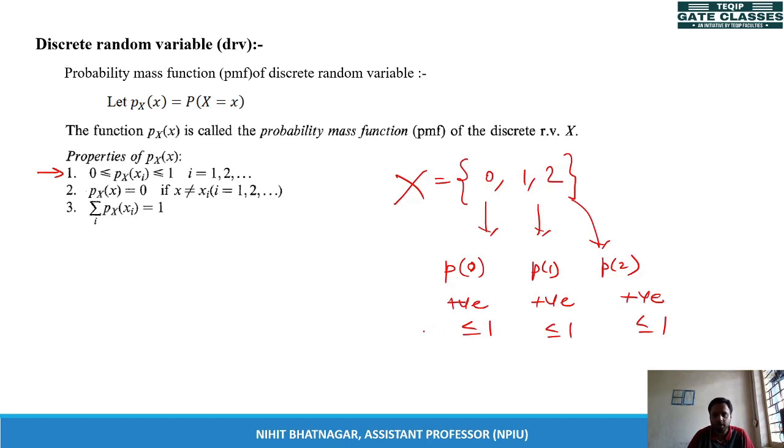They must be greater than or equal to 0. It means the probability of getting a certain single random value is never negative. It is always positive, and the range of the probability of those values is 0 to 1.